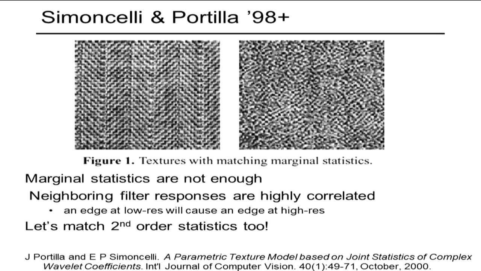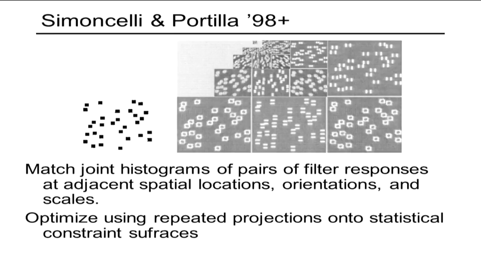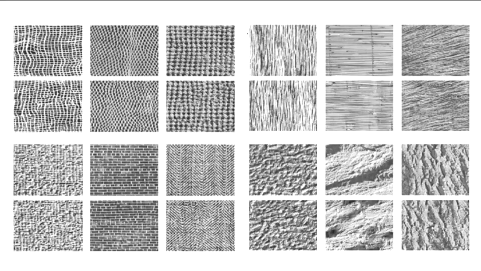For that, the idea was to go back to Julesz and say, what about taking not just the first order statistic, the histogram of each filter separately, but looking at pairs of filters and computing statistics of pairs. Once you do that, you get an even more powerful representation, and you're able to capture more structured texture.